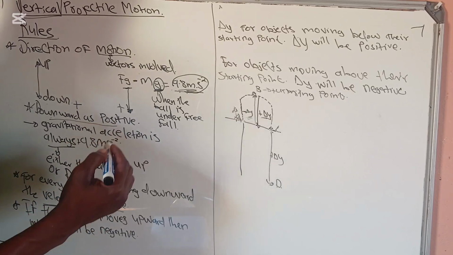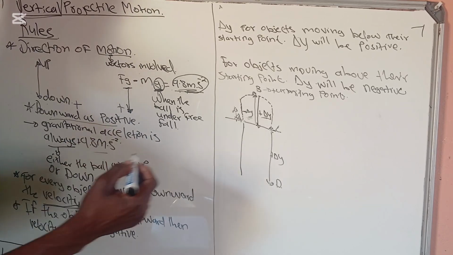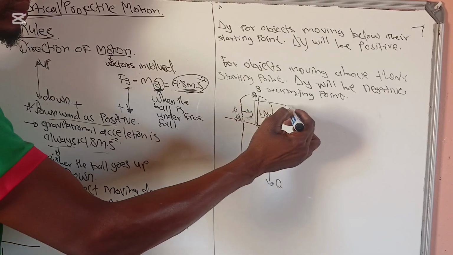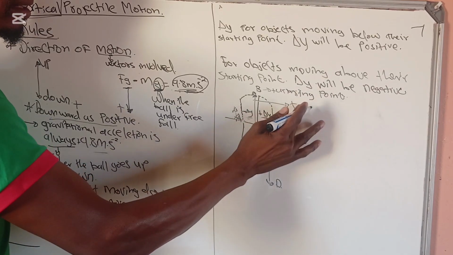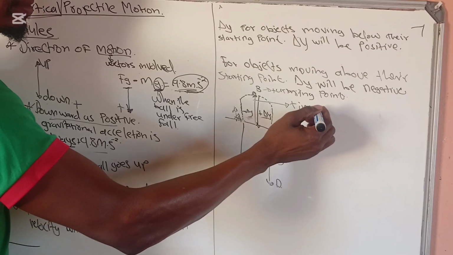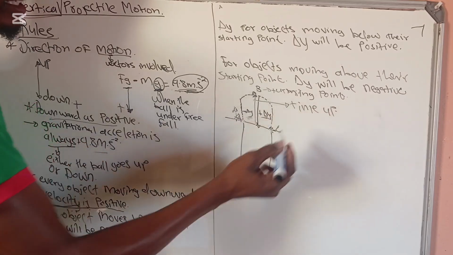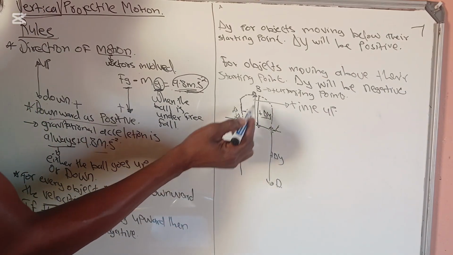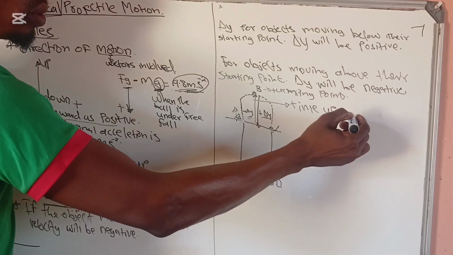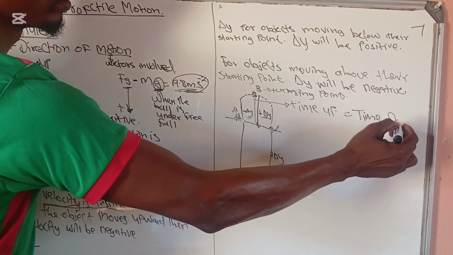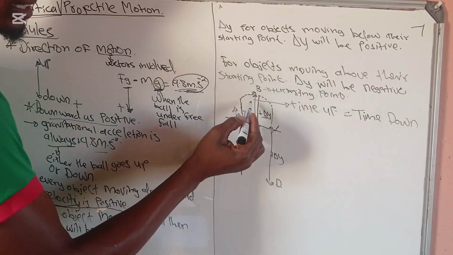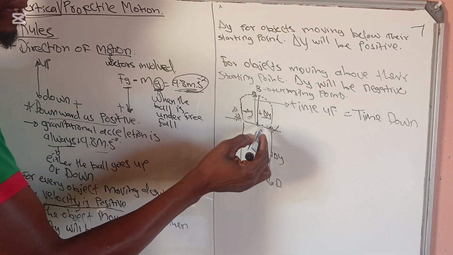Now, what is another important rule? Always know that time up, the time that this object takes from here to here, is equal to time down, the time that this ball takes from here to here.